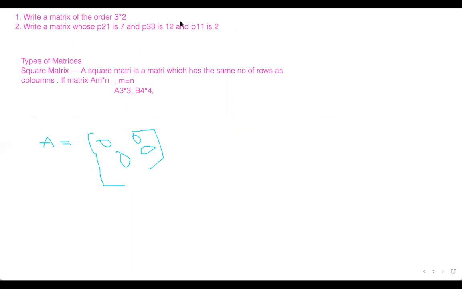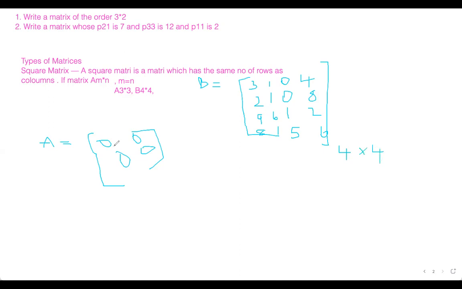Okay. Now I'll give you an example for square matrix also. B is equal to so this is a square matrix which is of the order 4 into 4. ठीक है? 2 into 2.